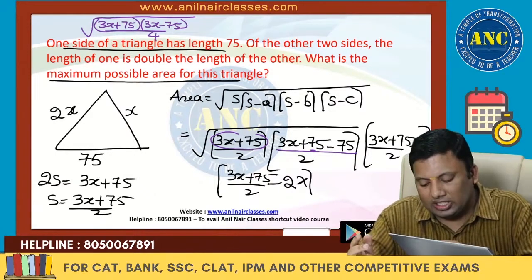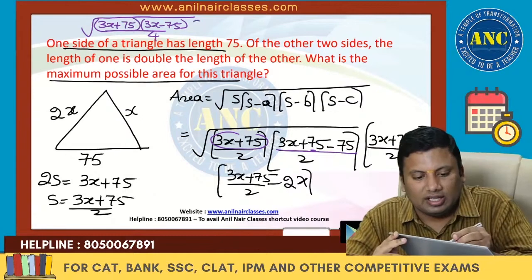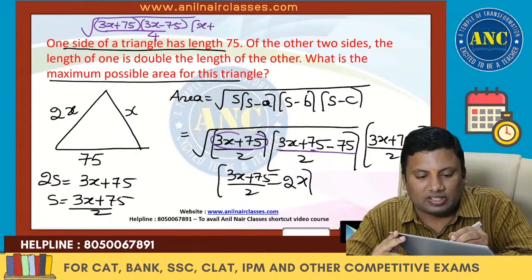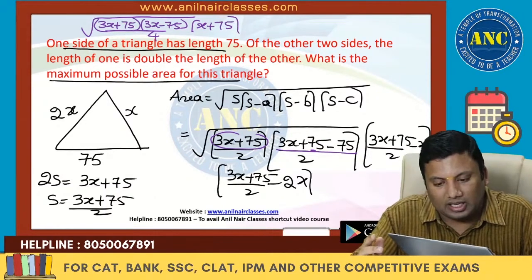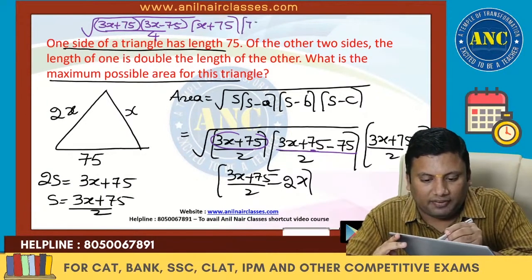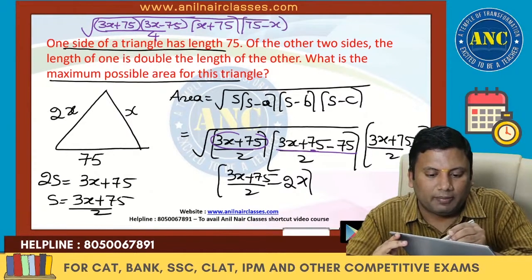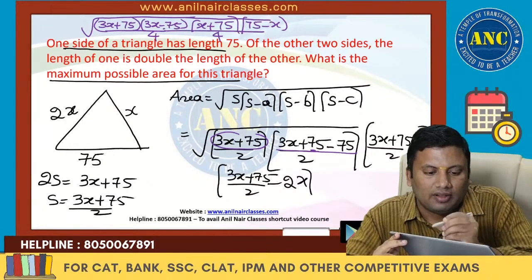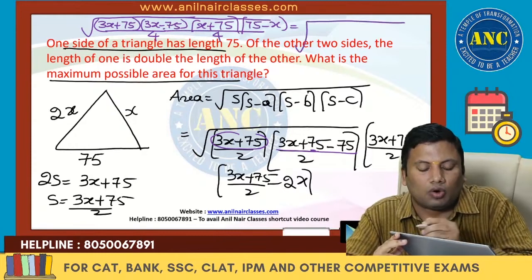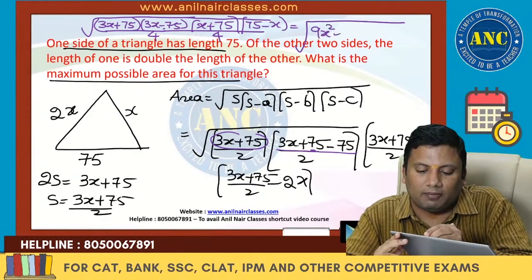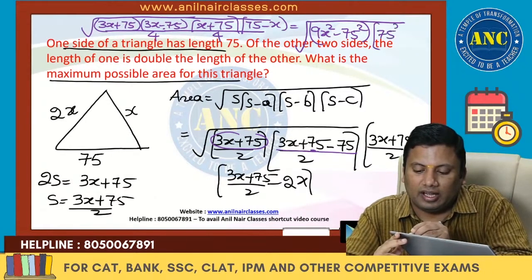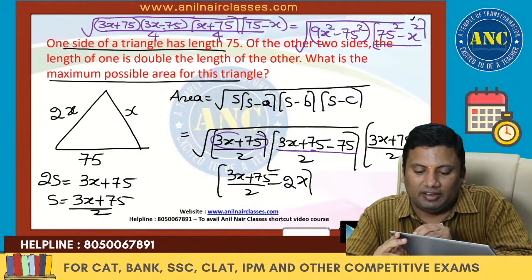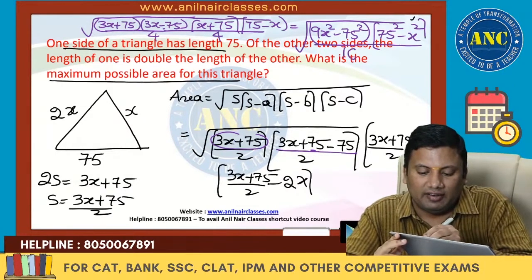Next, 3x plus 75 minus 2x is x plus 75. Next, 3x plus 75 minus 4x gives 75 minus x, divided by 4. That means this is root of 9x square minus 75 square into 75 square minus x square, divided by 16.